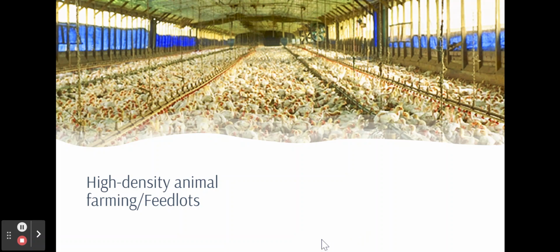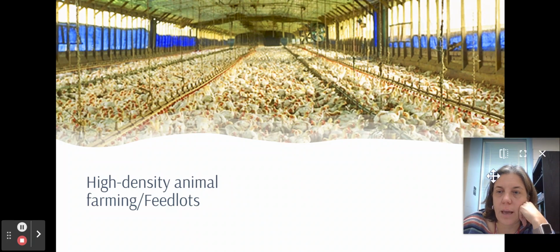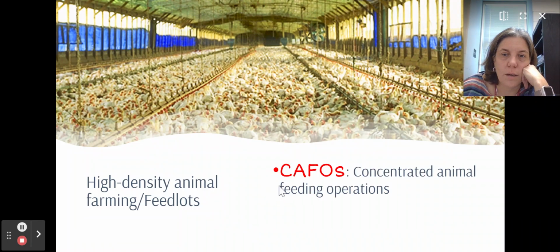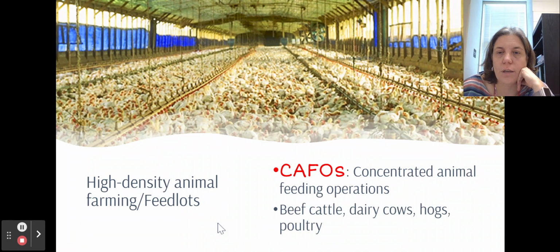Okay, so what are the ways that we produce food of animal nature? The first one here is called a CAFO. If you look at this, it means concentrated animal feeding operation. So this is a high density animal farming feedlot. You can see in the pictures we've got chickens here, but this could be used for beef cattle or dairy cows or hogs or poultry.